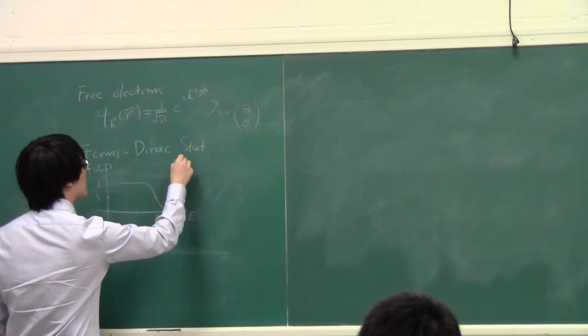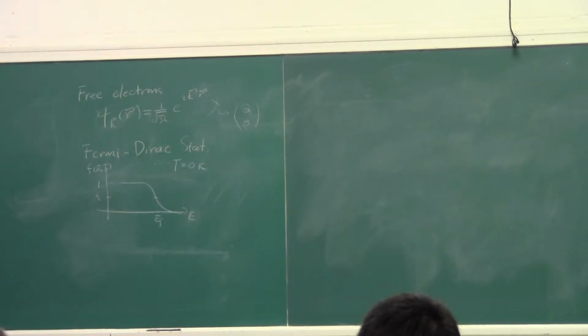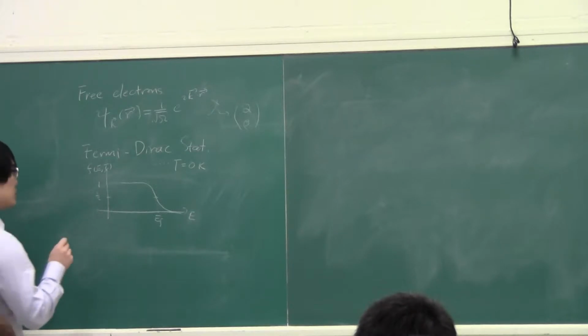So I will label this with T equals 0 K. At 0 temperature, the picture is that the electrons are going to arrange themselves to occupy these low energy states one by one, and then they fill all the way up to the Fermi energy. The Fermi energy is the energy at 0 temperature of the next electron put into the metal, roughly, right?